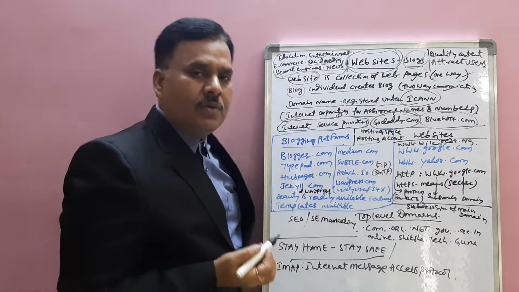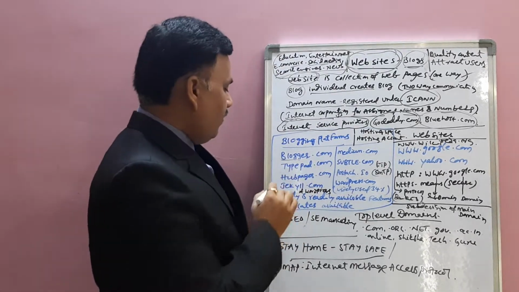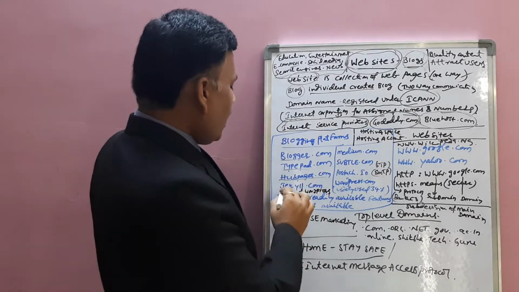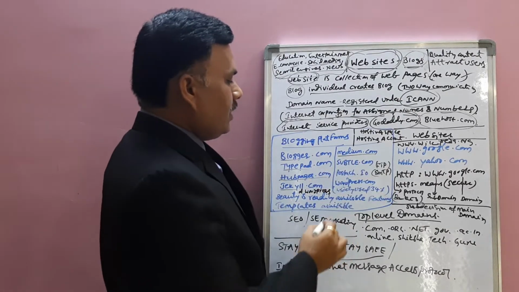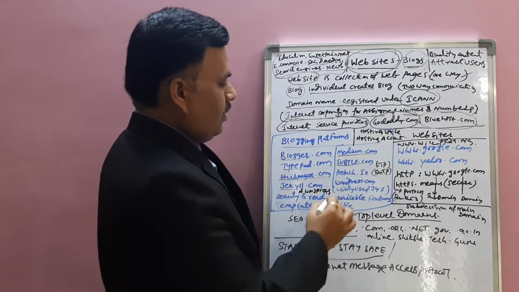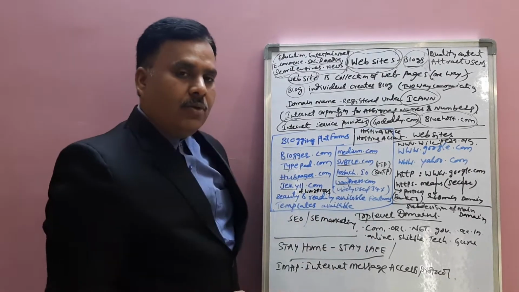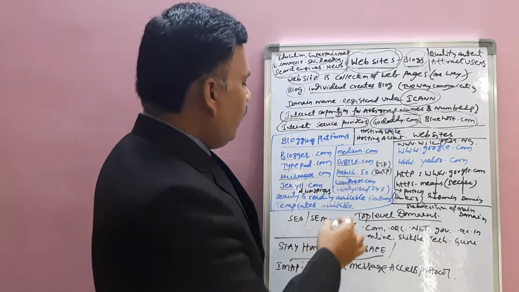There are different types of blogging platforms: Blogger.com, typepad.com, hubpages.com, jekyll.com, medium.com, substack.com, posthaven.com, and wordpress.com. These are the blogging platforms across the globe.